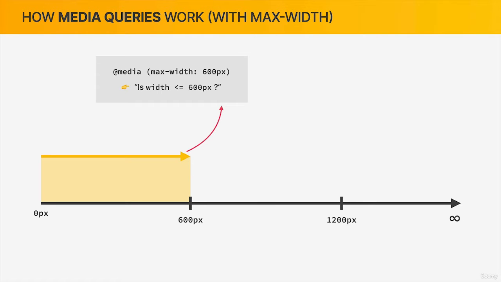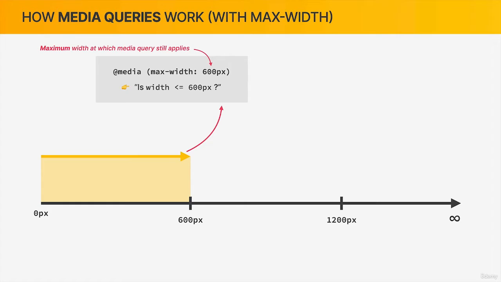And if not, well, then that code that is in the media query will not apply. So what this means is that the max width is 600 because 600 is the maximum width at which the media query still works, so where it still applies. Now after 600 pixels, for example at 700 pixels, it stops working. So the code is no longer going to be applied then.